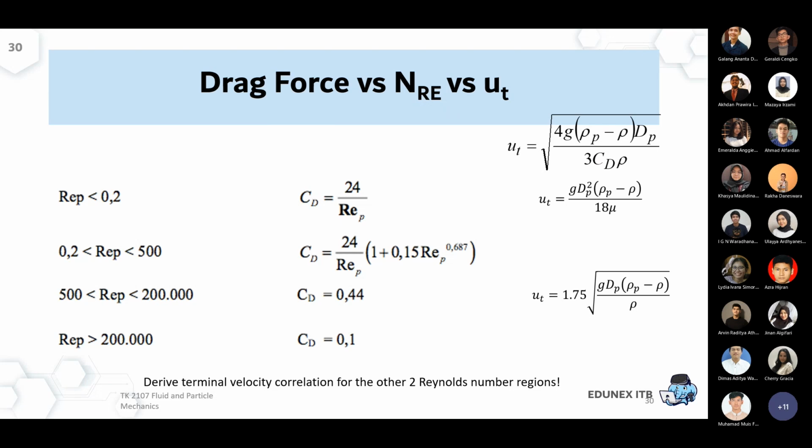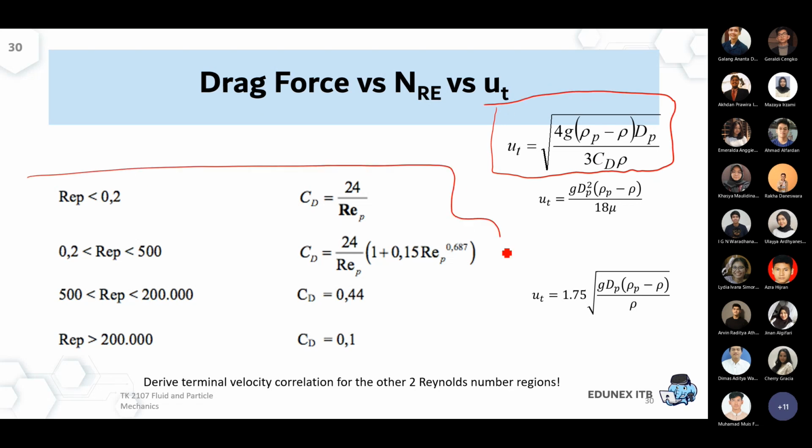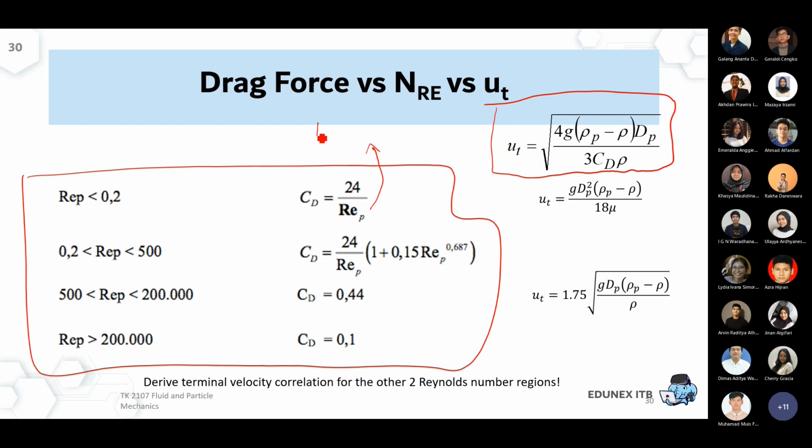If there is one of the most important slides in this chapter, it is this one, slide 30. Basically that's the generic correlation for the UT, and then that's the mapping of the CD versus Reynolds. So you just need to calculate the Reynolds.